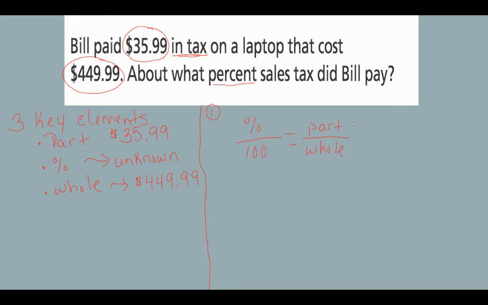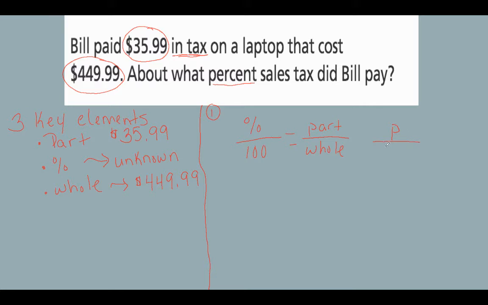So if I want to set this up for this problem, what's our percent? Oh, it's unknown. What do I use in math to represent an unknown quantity? I use a variable. Usually you'll see X used, but I'm going to use P for percent.